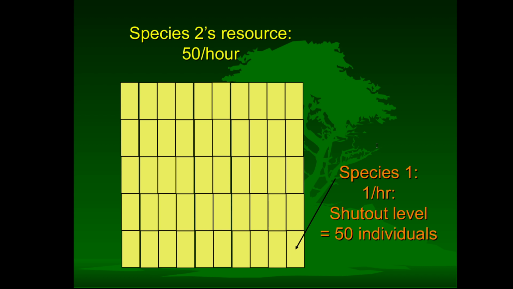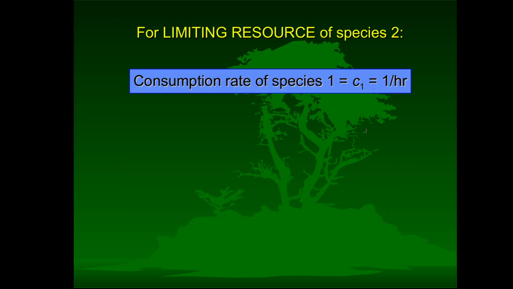The species affect each other's fitness only through consumption of each other's limiting resource. So all we have to consider are the consumption rates on their respective limiting resources. So now we can calculate the actual shutout level of species 1 based on its consumption rate of species 2's limiting resource.